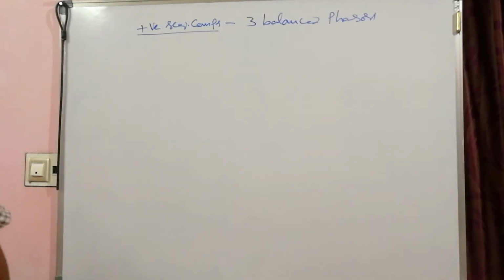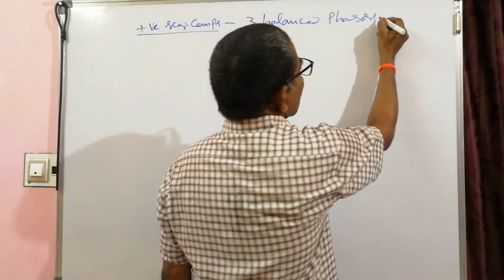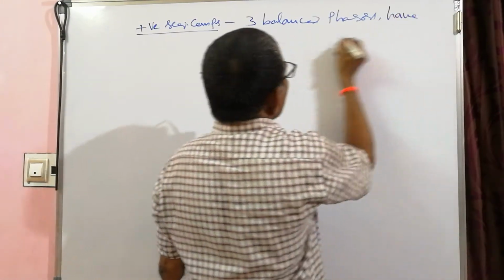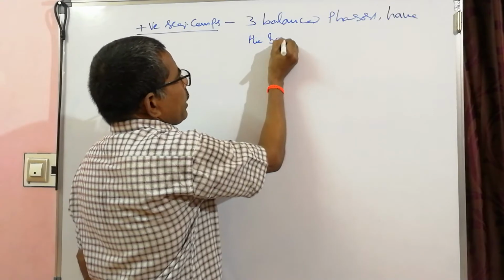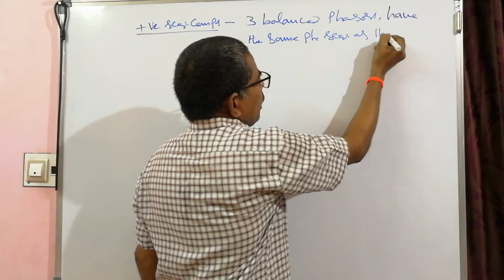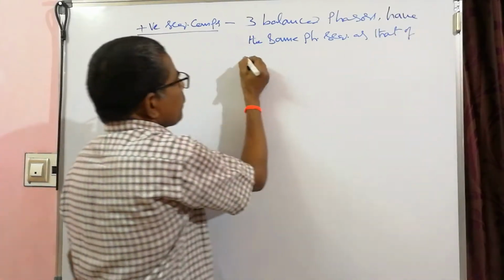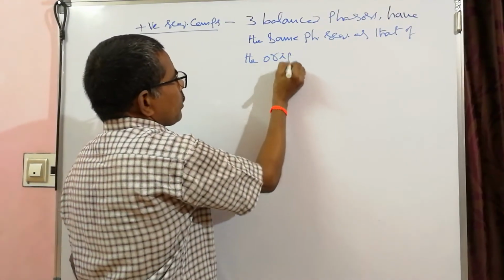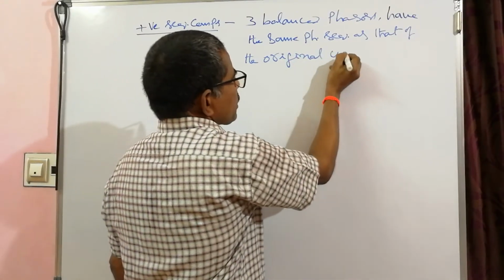It is a set of 3 balanced vectors equal in magnitude, symmetrically spaced with respect to each other, and having the same phase sequence as that of the original unbalanced system.